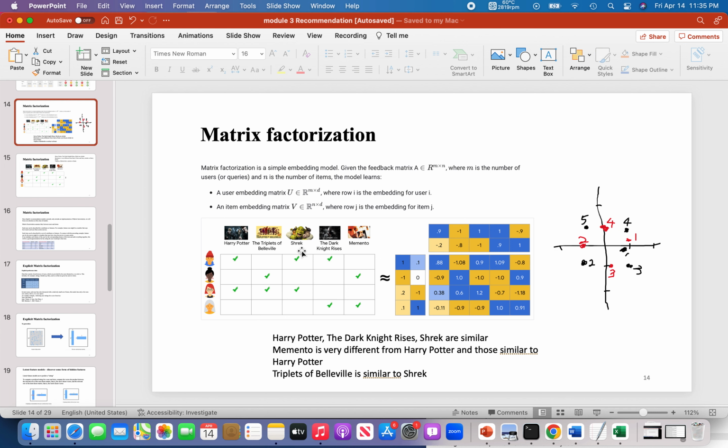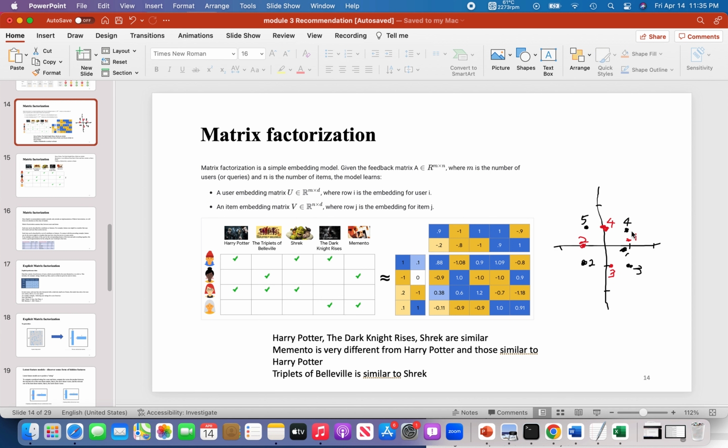Understanding this, we can draw the 2D space. Assume our user embedding matrix, the U, and the item embedding matrix, the V, are 2D matrices. Now let's look into the 2D space.